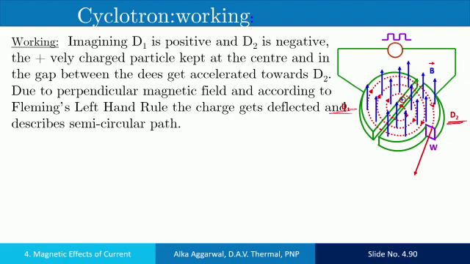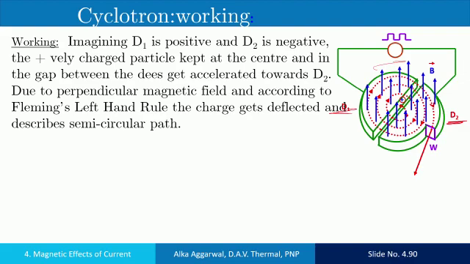Exactly at that moment, D1 becomes negative and D2 becomes positive due to the high frequency oscillator to which these Ds are connected. Thus, the proton receives a fresh acceleration and enters the region D1 with increased velocity.